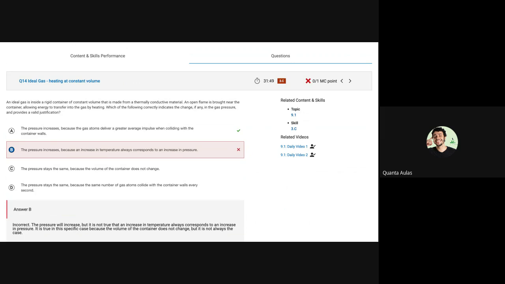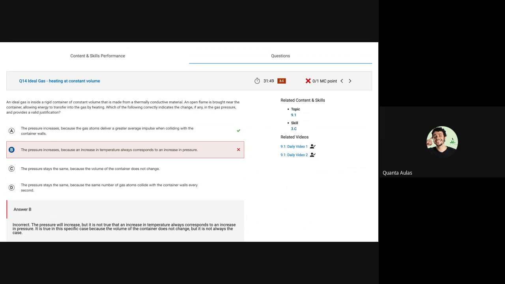So the volume in this situation is constant. So the volume of the molecules of the gas too, because the system is closed. And the temperature increased because you are putting heat, energy, in this system.